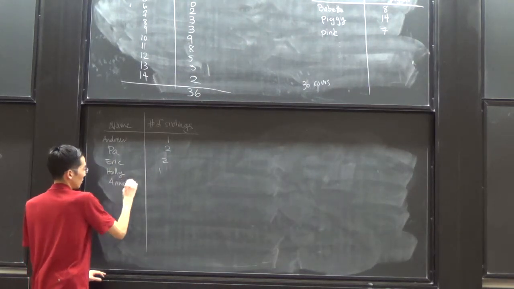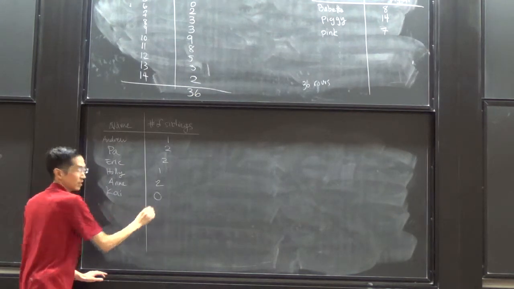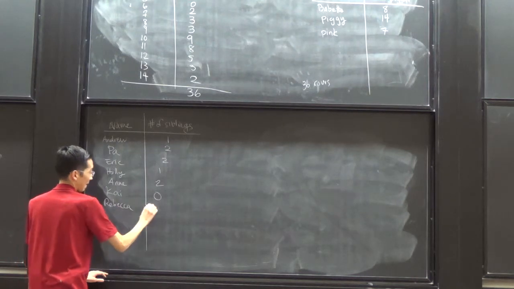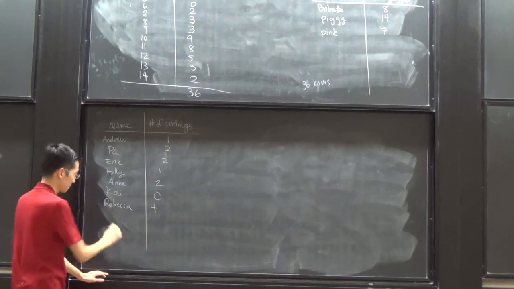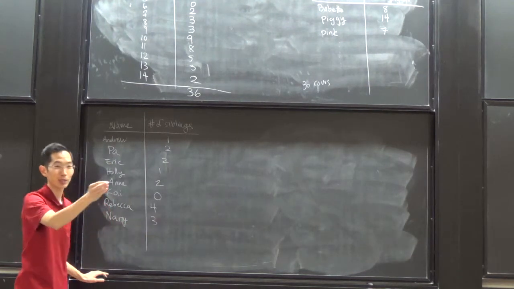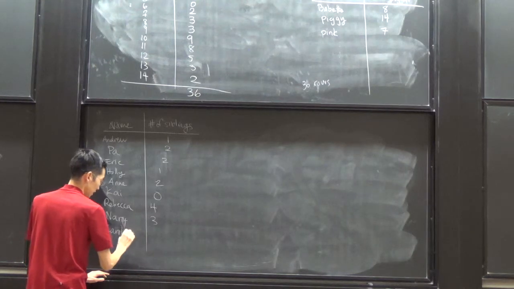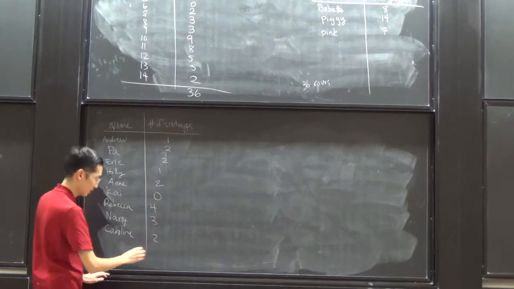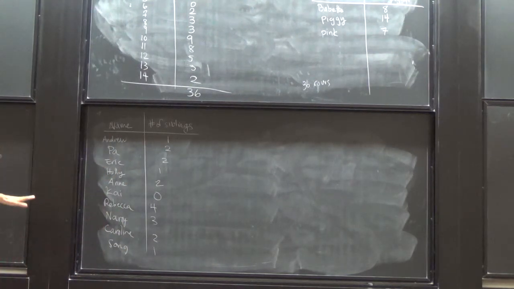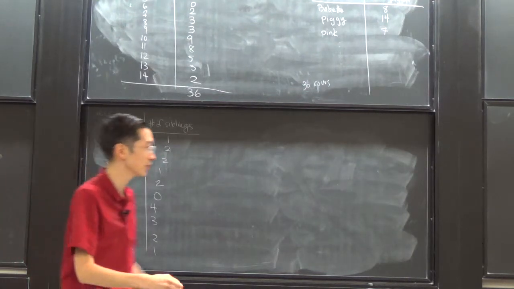Anne has 2. Kai has 0. Rebecca, 4. Nari, 3. I apologize if I spell your name incorrectly. Carolyn, 2. And then Song, 1. Okay, so this is our raw data table. We could finish this out by going through the entire classroom, but we will not.